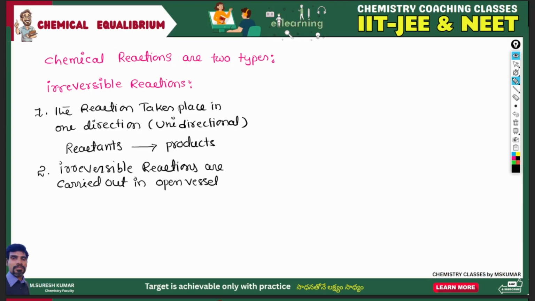For example, evaporation of water, thermal decomposition of calcium carbonate. It is a very important example. Suppose here it is an open vessel. Here I want to heat the calcium carbonate.